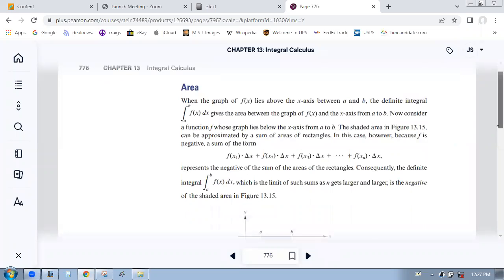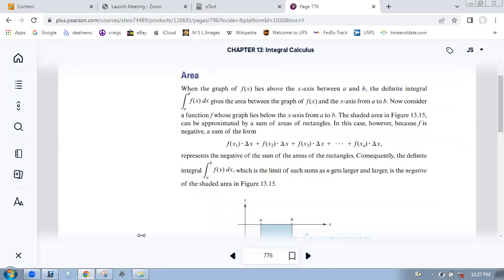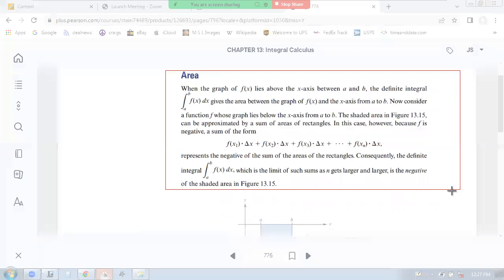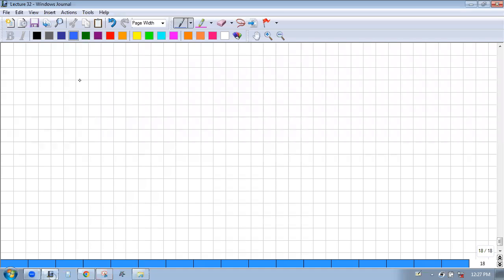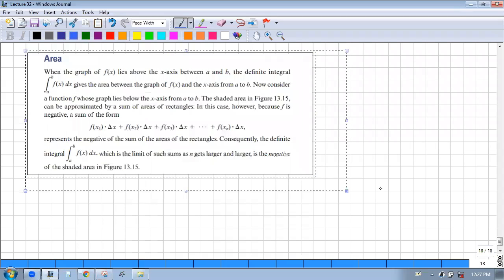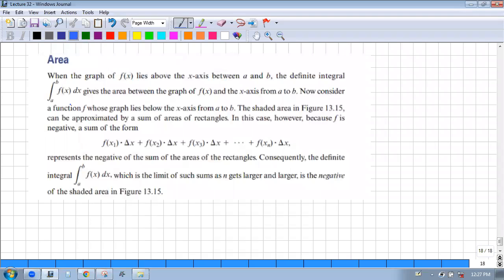Area. All right, we've already talked about the area. Talk about it some more. When the graph is above the x-axis, the integral gives the area between the graph and the x-axis, right? And then they're saying if you're below the x-axis, you're going to get the negative area.